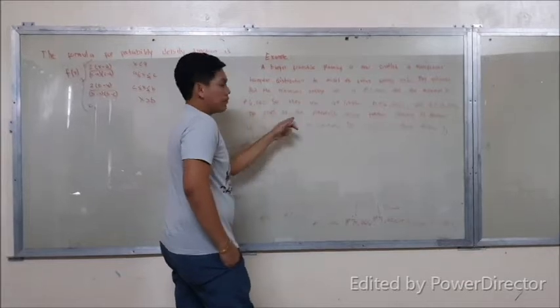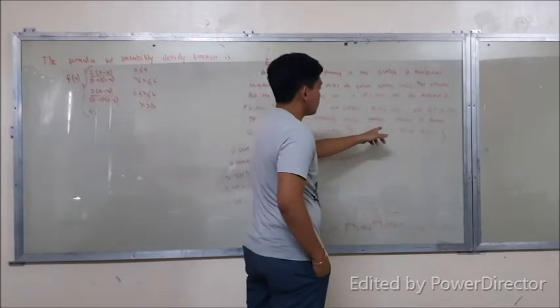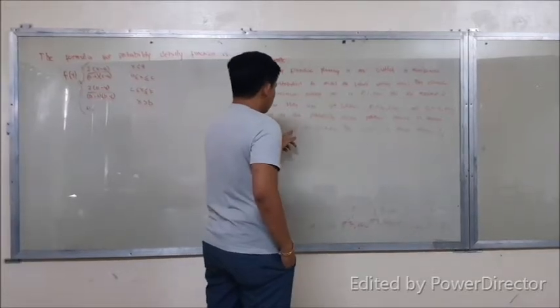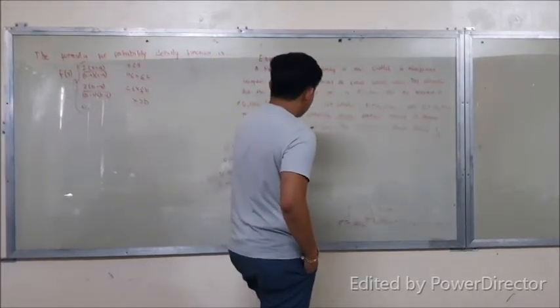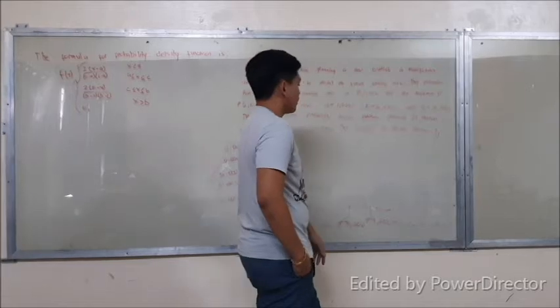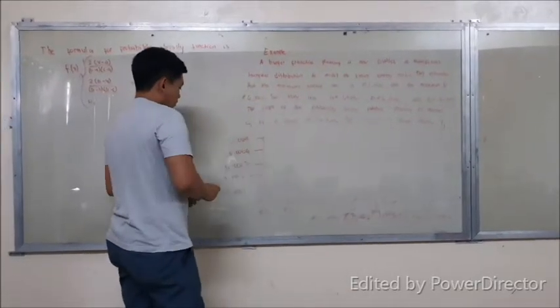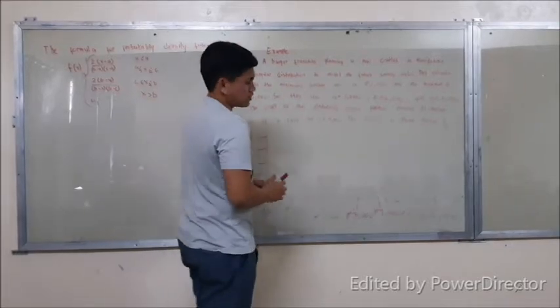The graph of the probability density function reaches its maximum of 0.0004 at c. The graph is shown below. So here's the graph. So that's all. Thank you.